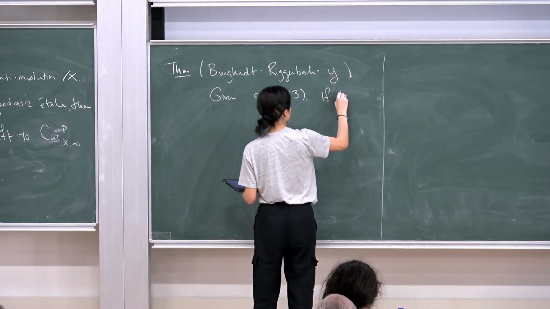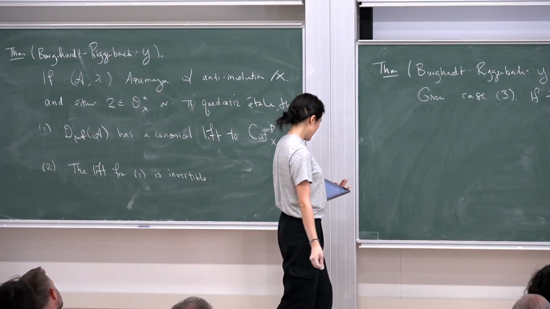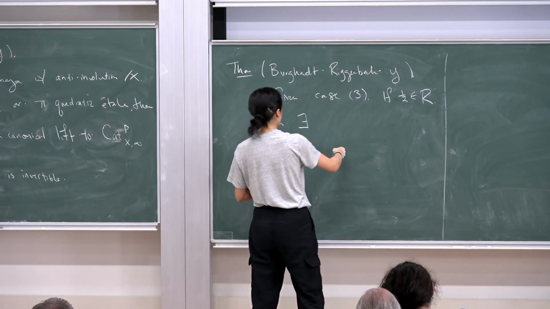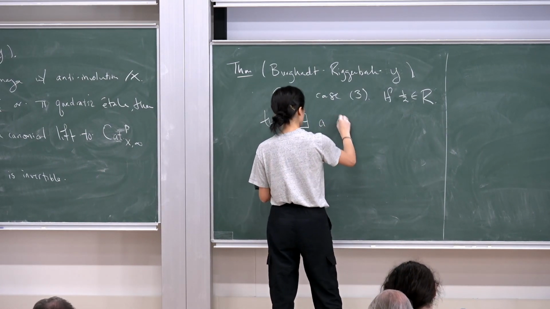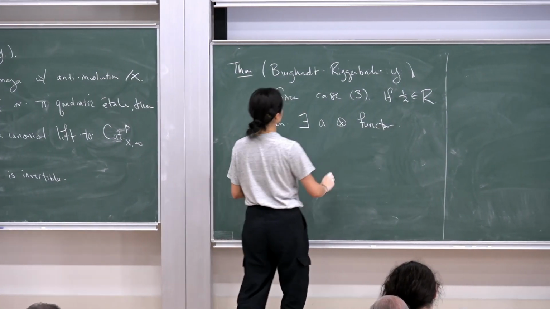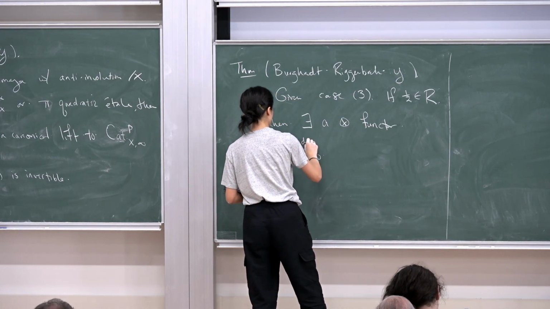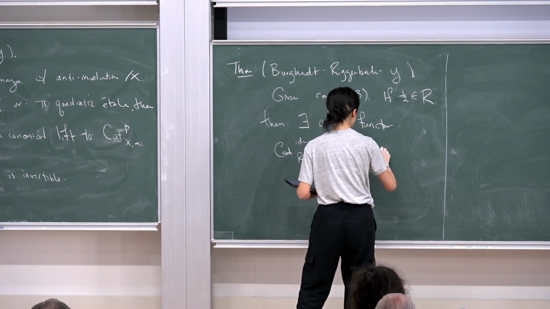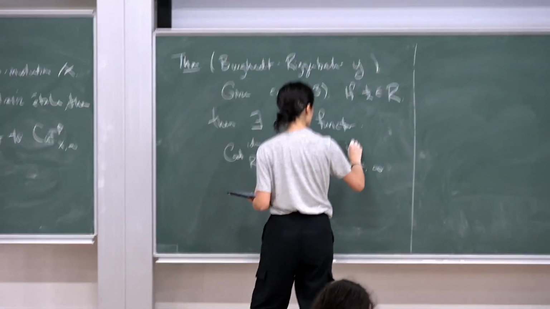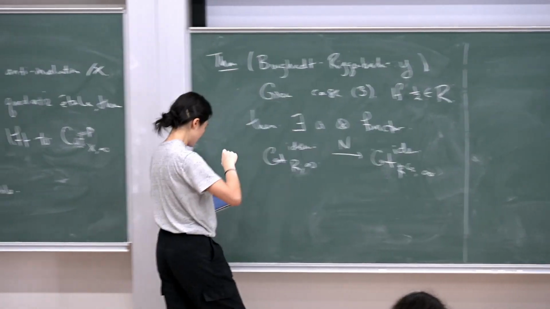If 2 is invertible, then there exists a symmetric monoidal functor from R-linear, idempotent complete, small stable infinity categories to small stable infinity categories which are linear over the strict fixed points, and also idempotent complete. I'm going to call this the norm.